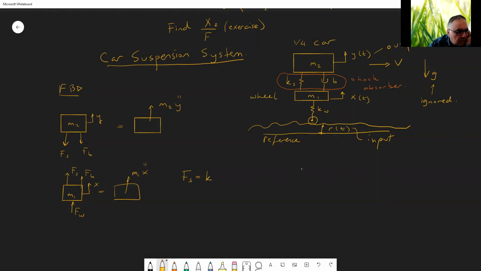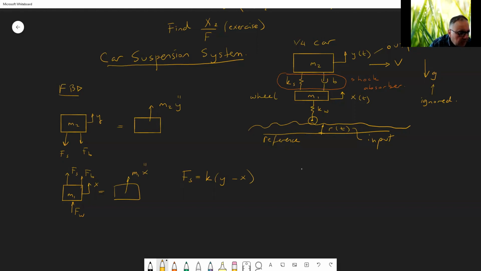This will be k times (y minus x), because the spring force acting on M2, Fs, is downwards. Now, if you move y upwards, the force will be downwards, so it is ky downwards, that's correct.